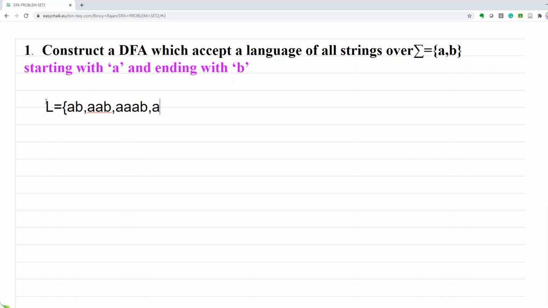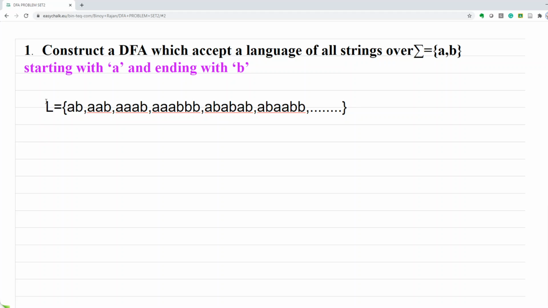That is also possible. Three occurrences of A and a B is also possible. Three occurrences of A and three occurrences of B is possible. Then A, B, A, B, A, B, or I can have A, B, A, B, B. So let these be the set of strings that can be accepted by a DFA.